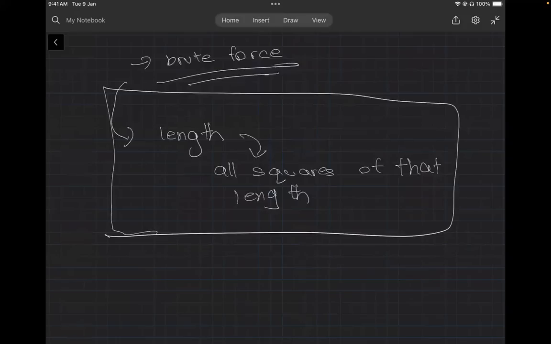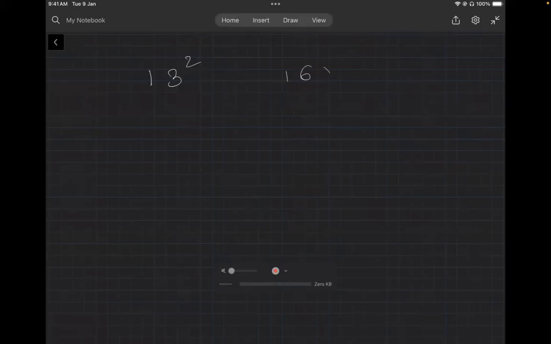And now I will tell you what that pattern is mathematically. Tell me, guys, what is 13 square? 169. Now tell me, what is 103 square?